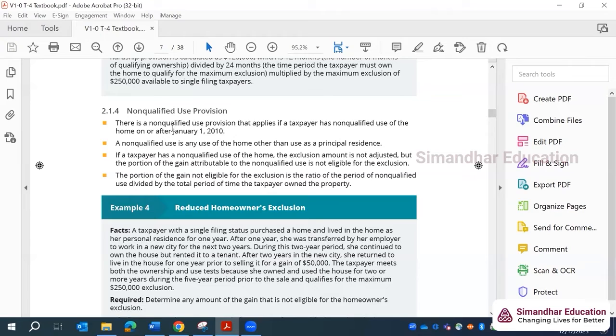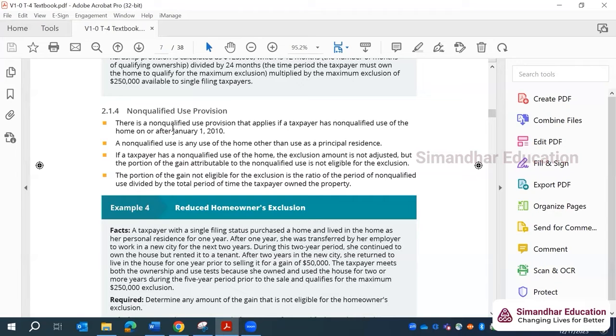But if you're going to use the property for non-qualified use, which could be renting the property, then in that case, I am going to reduce your gain, or I would rather exclude, for the period you have used the property for non-qualified purposes, I am going to reduce the gain and not going to give you any benefit out of it.